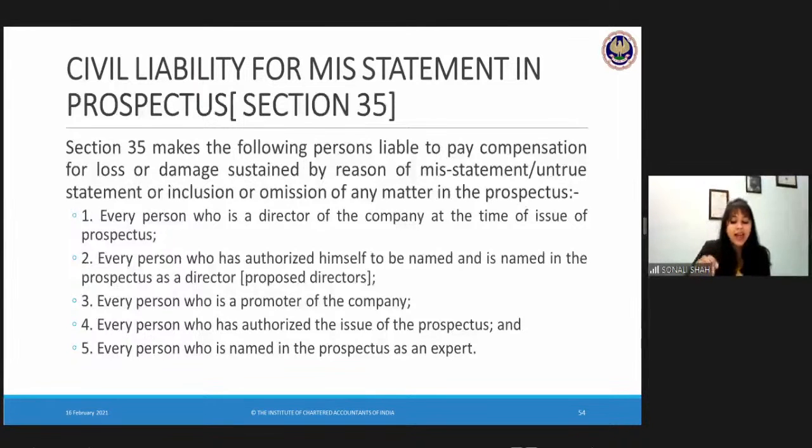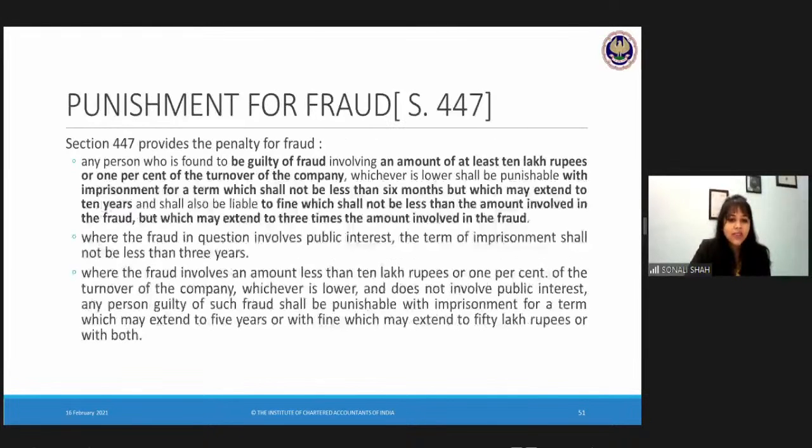If you look at the language of section 447, it says any person who is found to be guilty of fraud involving an amount of at least 10 lakh rupees or 1% of the turnover of the company, whichever is lower, shall be punishable with imprisonment for a term which shall not be less than 6 months, but which may extend to 10 years.